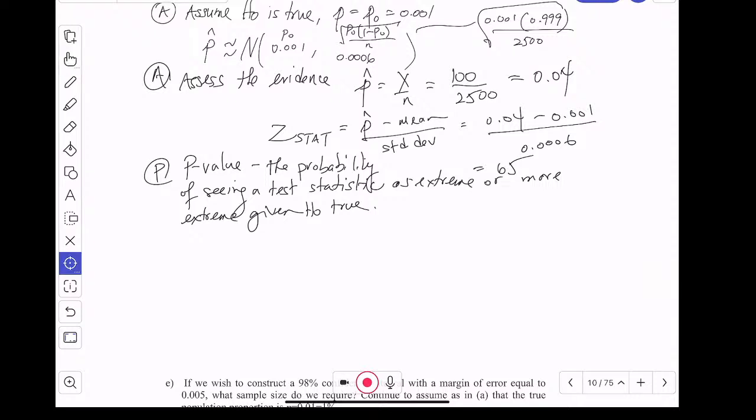So now I'm going to draw this Z, and I'm going to plot my Z stat. It's a statistic, computed from the sample.